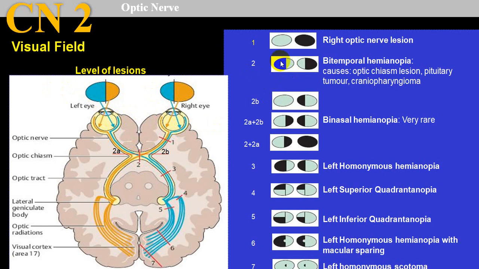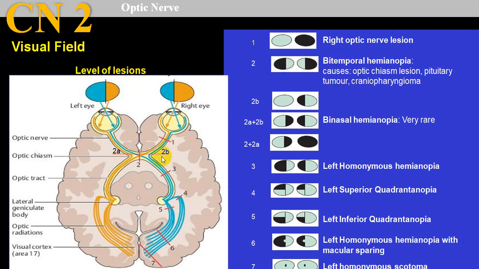So both side temporal field gone. So we call that temporal hemianopia. As it is half, we also use the word bitemporal homonymous hemianopia. So whenever you get a lesion at optic chiasma, both nasal fibers are gone. You will have both side temporal field gone. So we use the word bitemporal homonymous hemianopia.